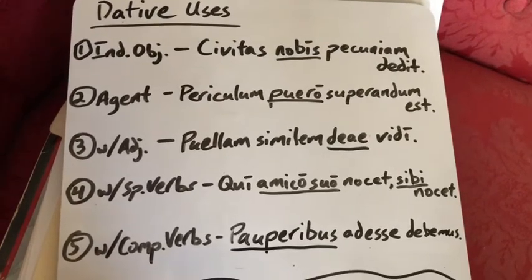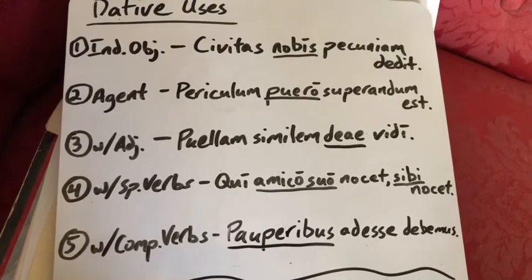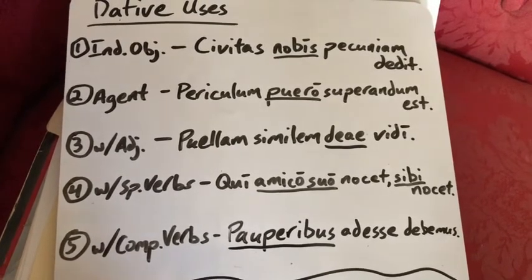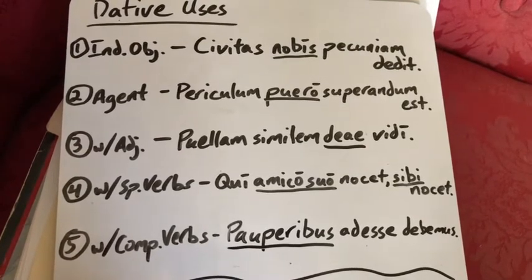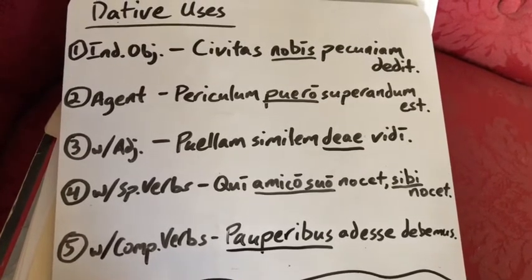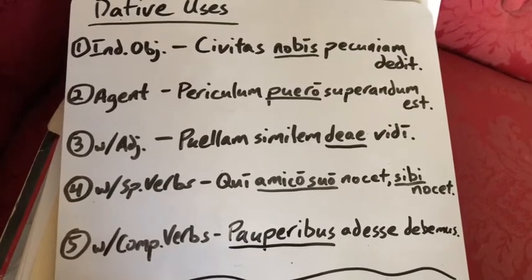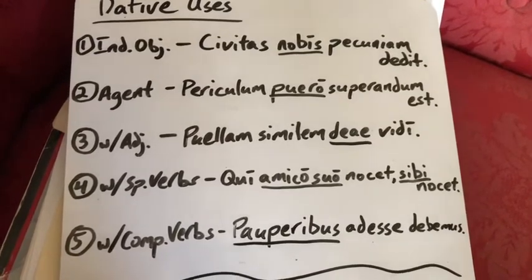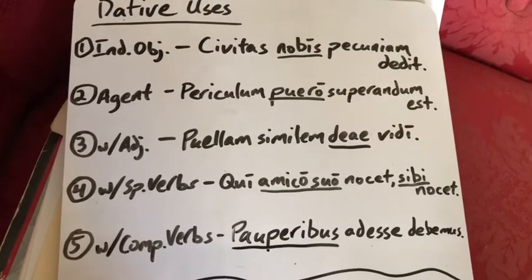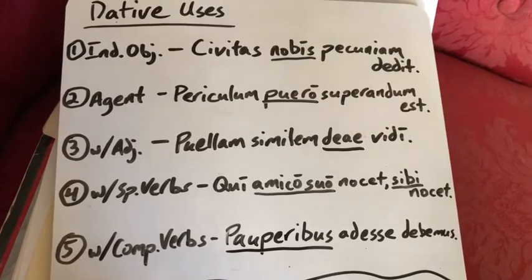Okay, then the three new uses this chapter. The first one is with special adjectives. Certain adjectives will have a dative lingering near them. We've encountered several of them already, but Wheelock finally gives you a name for them. So this sentence for three would say, I saw a girl similar to a goddess.